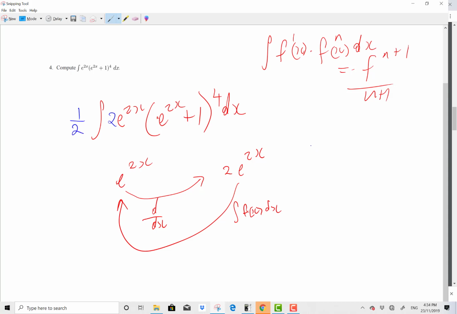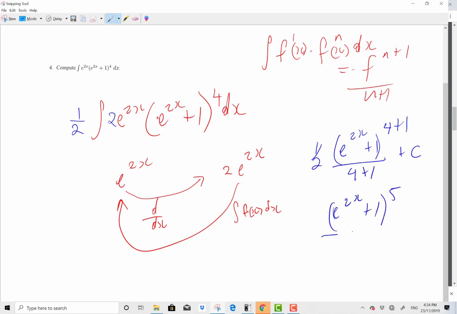So I'm going to simply have a half times e to the 2x plus 1 all to 4 plus 1 divided by 4 plus 1, plus c. That's e to the 2x plus 1 all to the 5 divided by a half times 5, which is going to be 10. So that's 10 at the bottom plus my constant. And that's my integral for number 4.